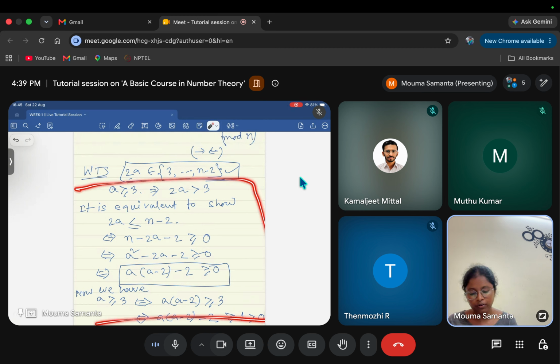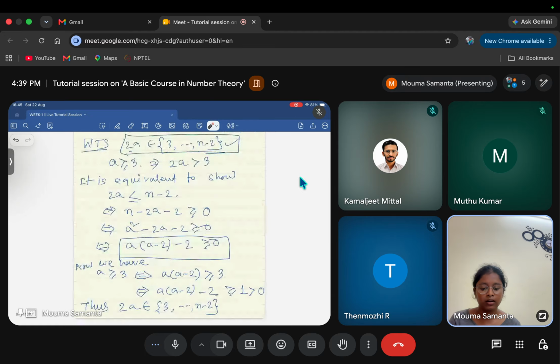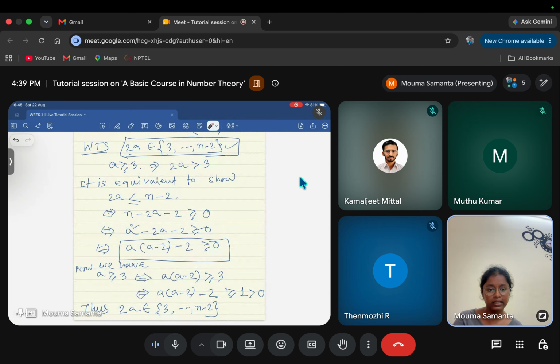This is the proof where we have shown that 2a will also lie in the set 3 up to n minus 2. Once we have shown 2a belongs to this set, we get a times 2a occurring in the multiplication 2 into 3 into 4 up to n minus 2.